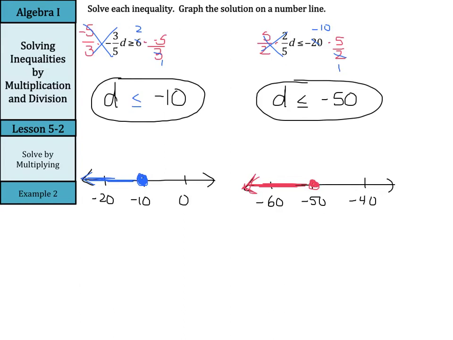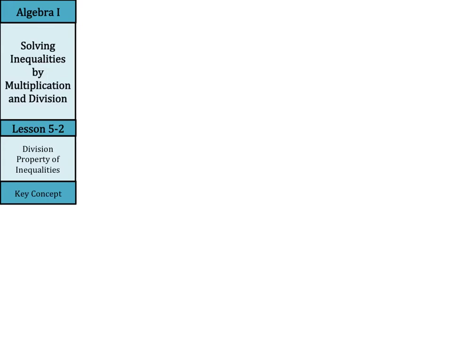Let's continue on. Now, what about the division properties of inequalities? Well, let's once again start with just a random example here. What if we have 15 is greater than 5?